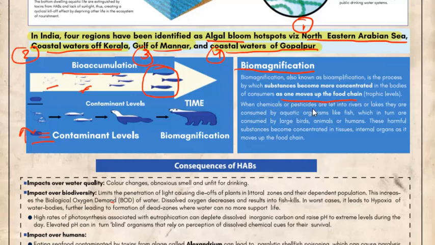When chemicals or pesticides are let into a river or lake, they are consumed by aquatic organisms like fish, which are in turn consumed by large birds, animals, or humans. These harmful substances become concentrated in the tissues and internal organs as they move up the food chain. This is the biomagnification term.